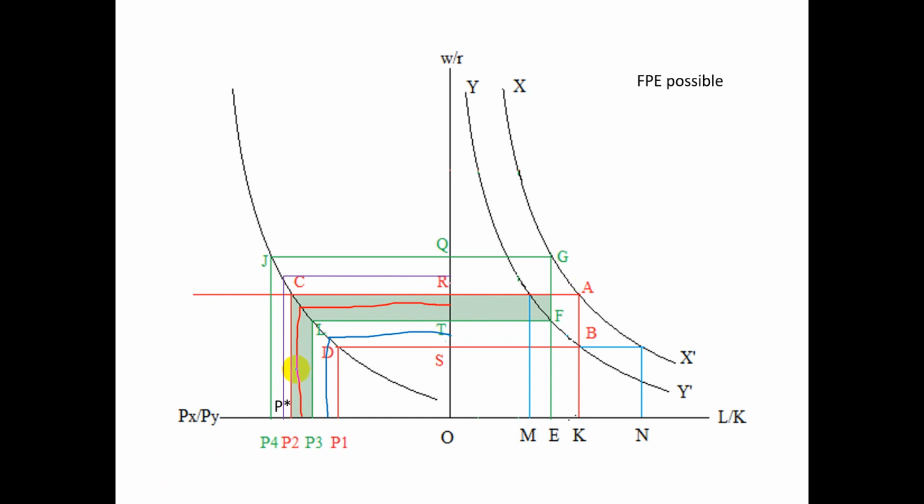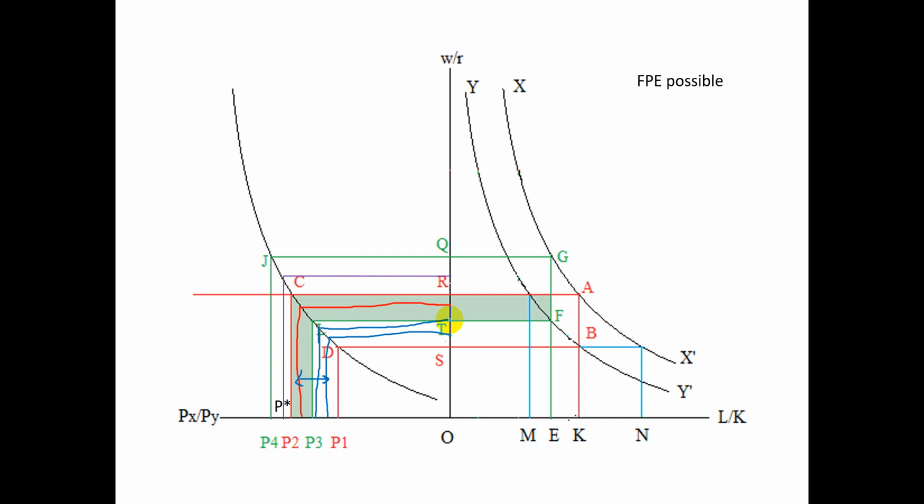Now, free trade will equalize the commodity prices. So after free trade, suppose commodity prices are settled here. That is the free trade commodity price. Corresponding to this, we will always be getting a unique wage rental ratio.